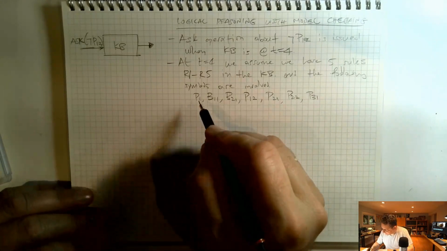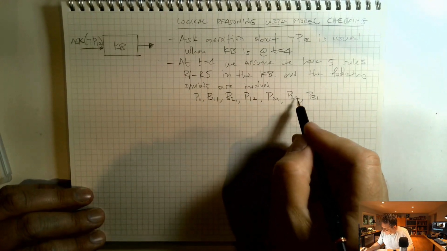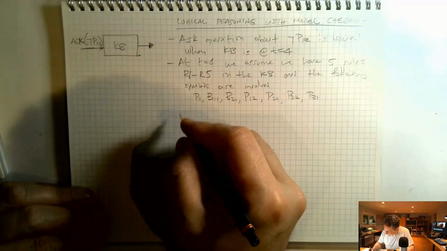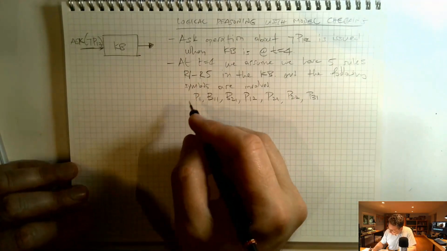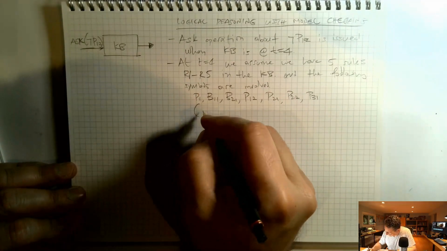That's 1, 2, 3, 4, 5, 6, 7 symbols, so we have 7 symbols in total.